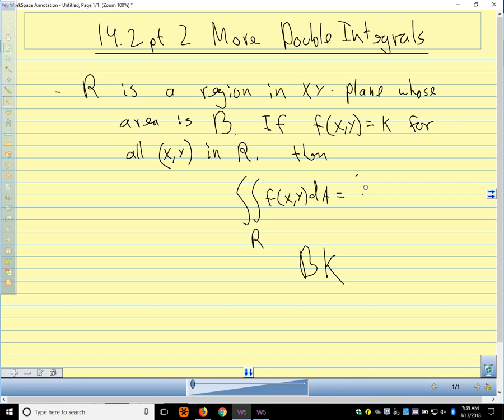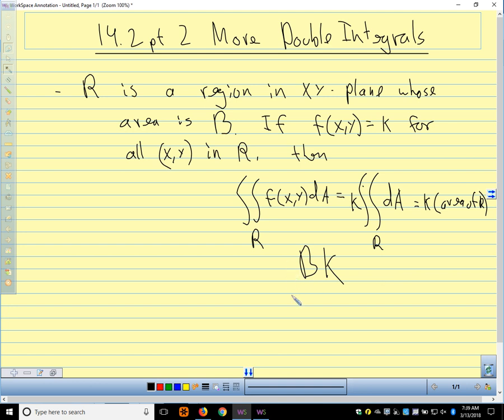We would get that this is the double integral over our region of k times dA. And the double integral of dA over our region is just the area of the region. So we just get k times B, the area of the base.